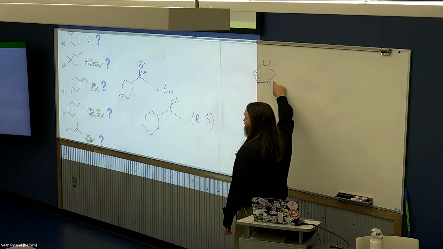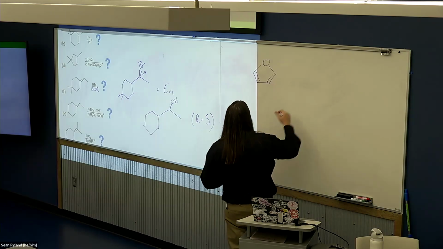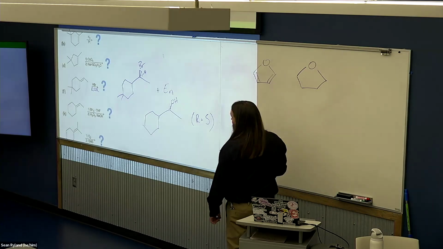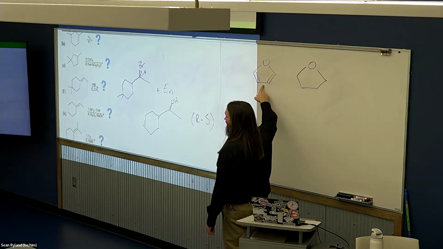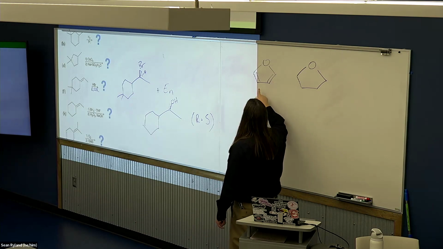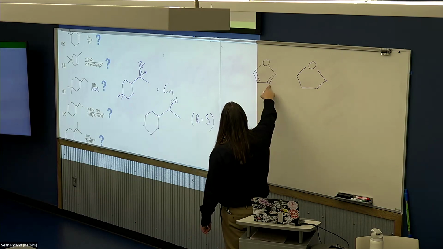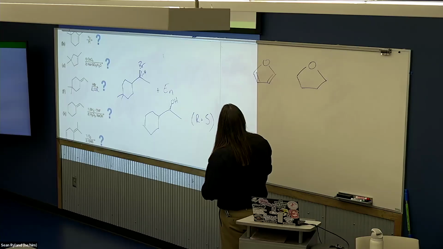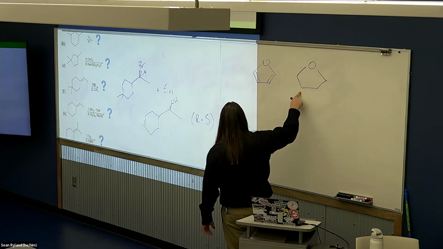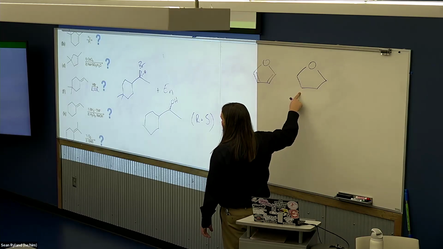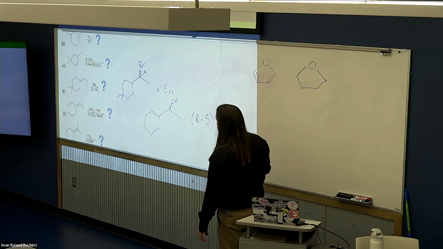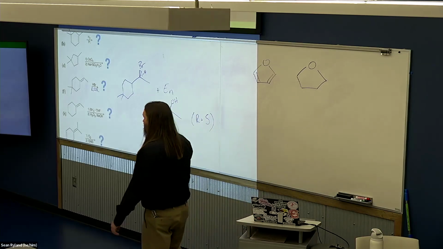So this is furan. Tetrahydrofuran is basically furan with the double bonds removed. Furan is aromatic. It doesn't look like benzene, but we'll talk about why it is later. That's also a really common solvent as well, but it's a little bit less reactive. We use tetrahydrofuran as it's a really common aprotic solvent.